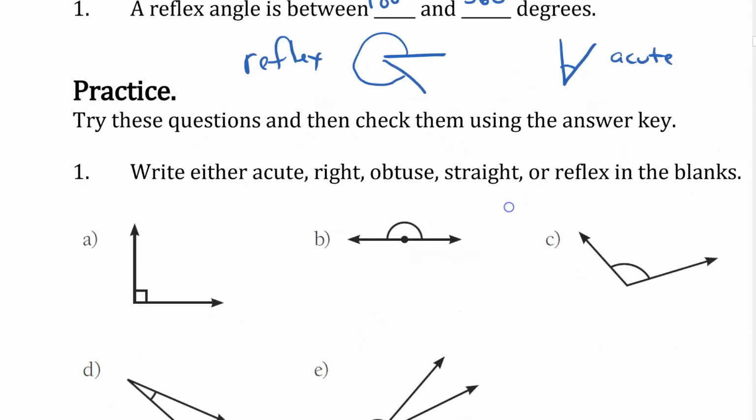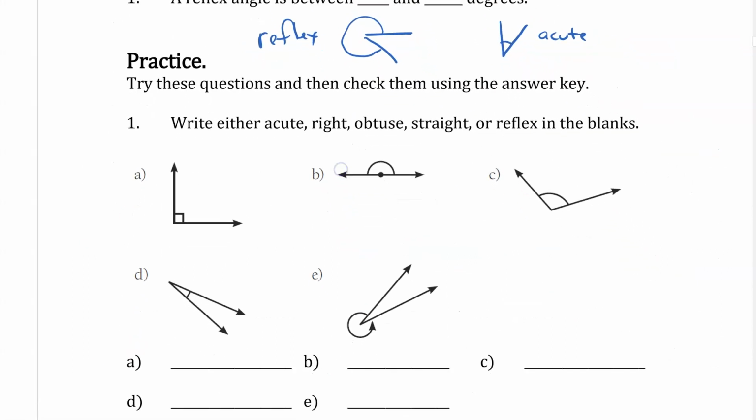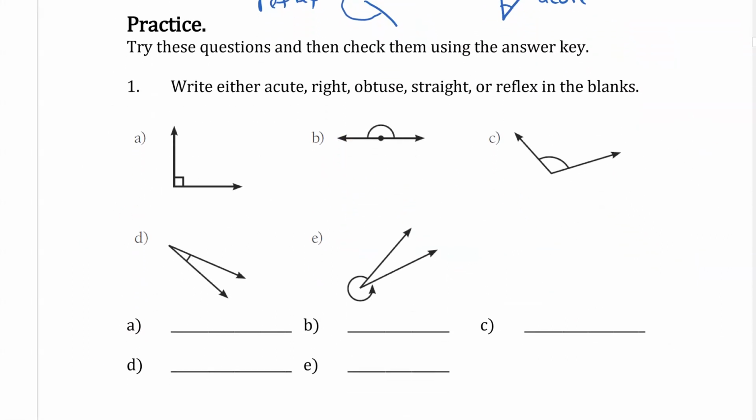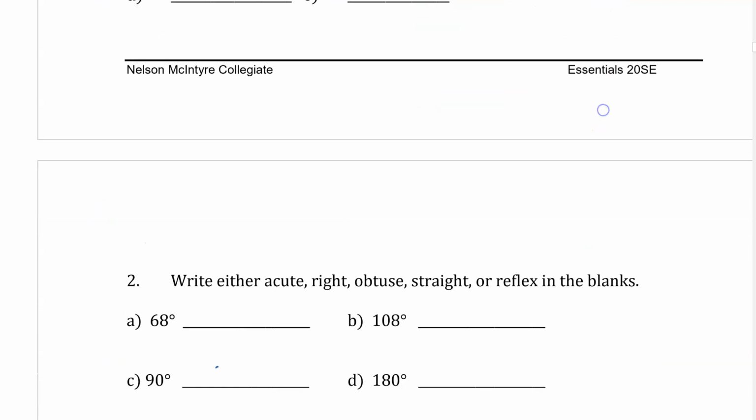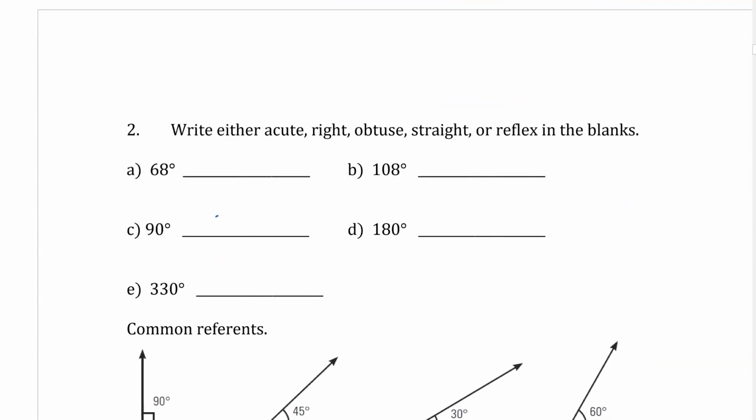Okay, at this point, I'm going to ask you to press pause on the video, and I want you to try to fill in question number 1. In question 1, you take these words here and you pick the right answer and fill them in the blanks. I also want you to do question 2. Instead of pictures, it just gives degrees, and again, you pick one of those same words and fill them in the blanks.